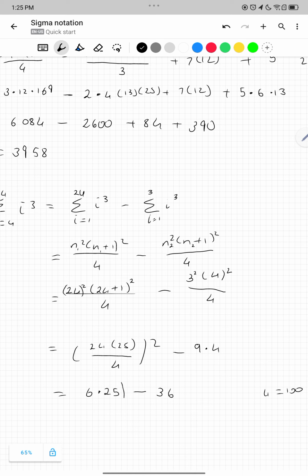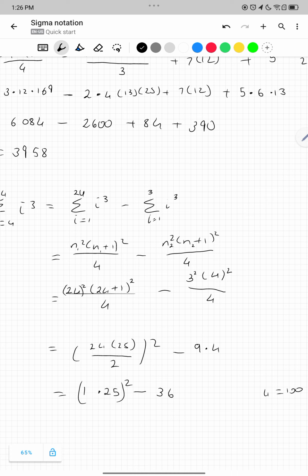Oh, this is still squared. Yeah, it's 150 all squared, minus 36. Oh, okay, there's something missing. Okay, see something. This is supposed to be 2.